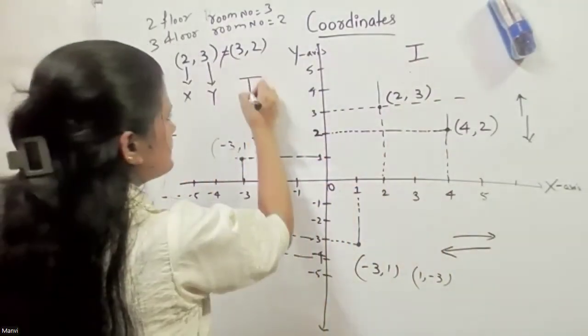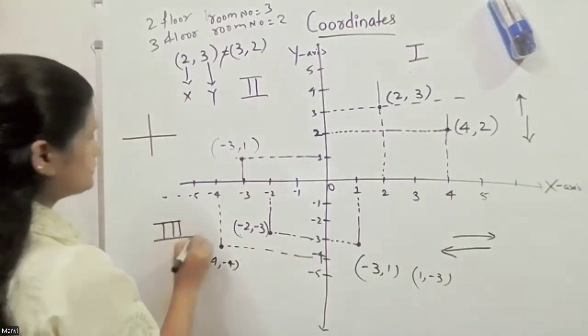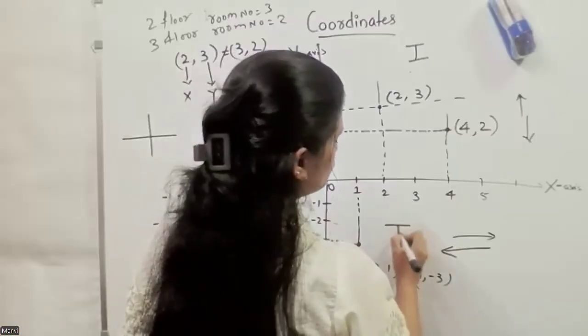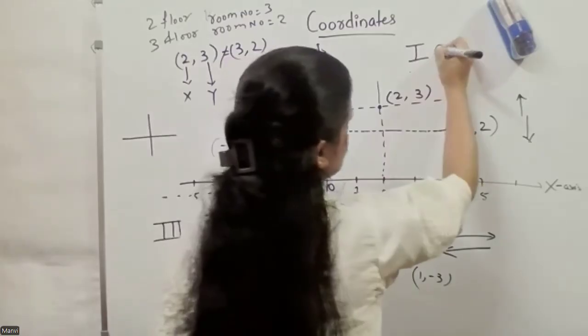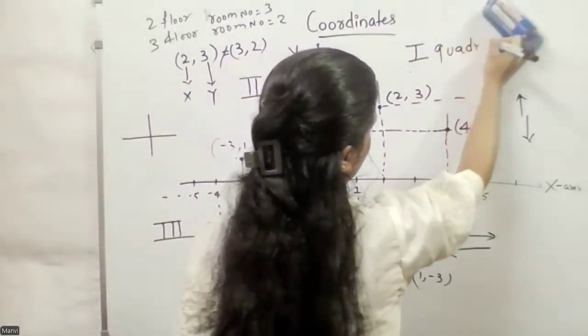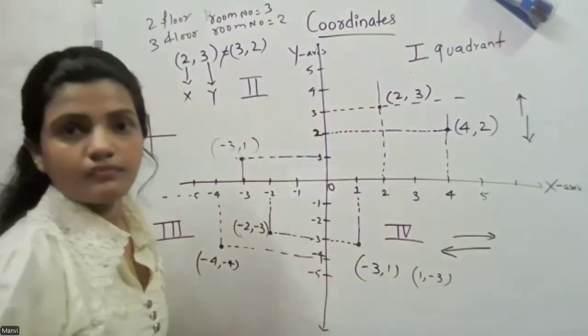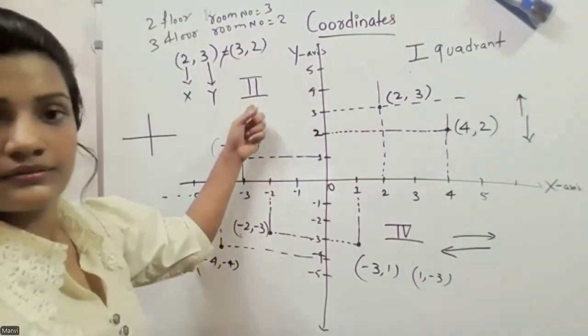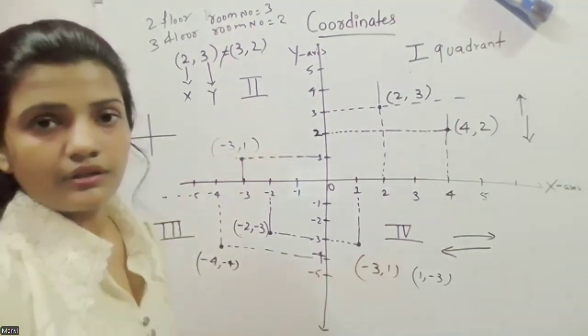This is the second quadrant. That is the third quadrant. And this is the fourth quadrant. Okay? This is the first quadrant. That is second. This third. And that one is fourth.